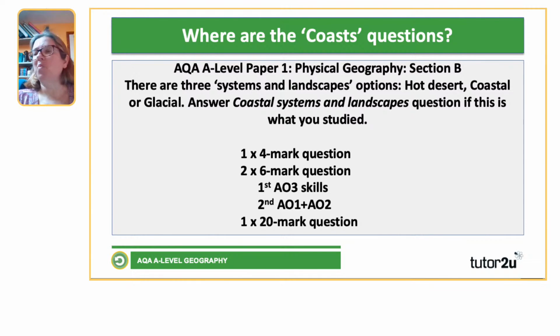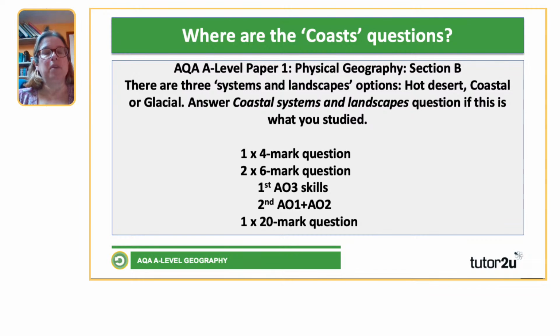Right, wonderful. So where are the coast questions in the exam paper? Well, if you're doing the AQA specification, you're going to find the coast questions in paper 1, which is coming up pretty soon, and it's section B. So this is a section where there are 3 options.